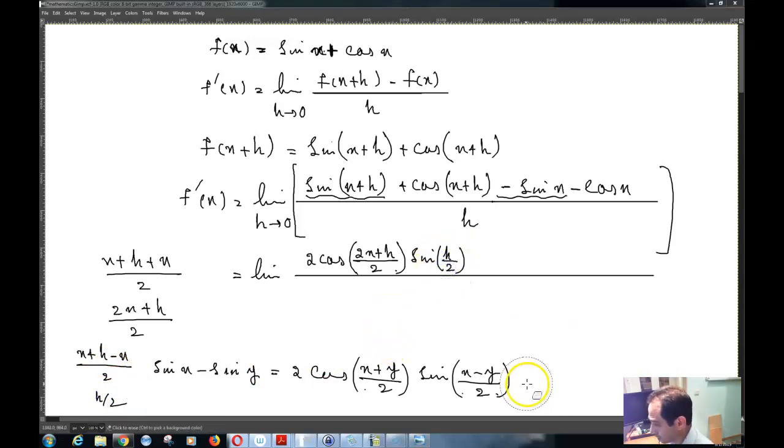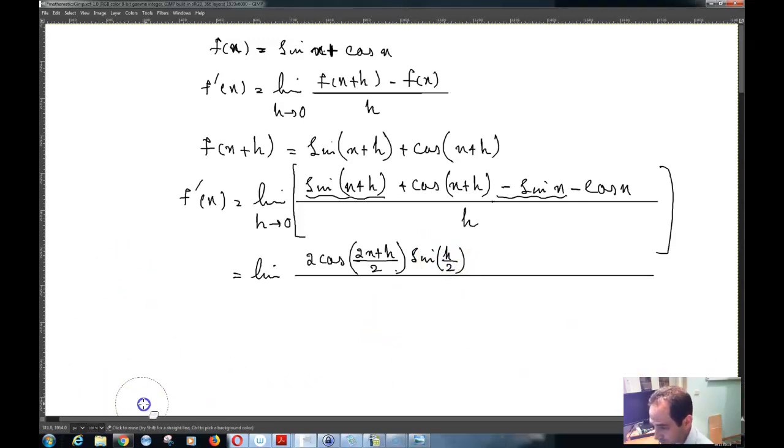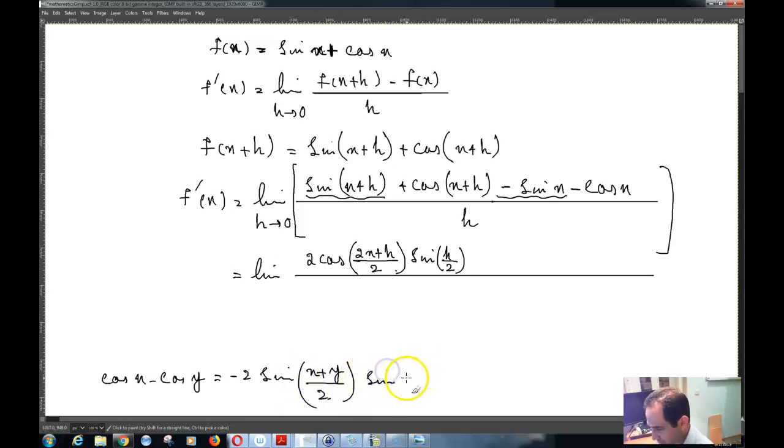Now, the next part over here is cos x minus cos y, which is equal to negative 2 sine of x plus y divided by 2 times sine of x minus y divided by 2. So let's see what we can do with this.